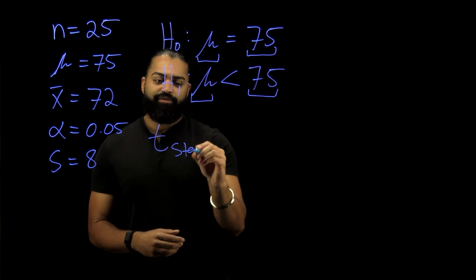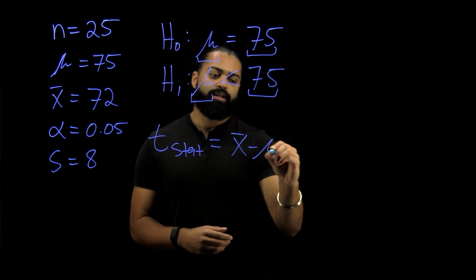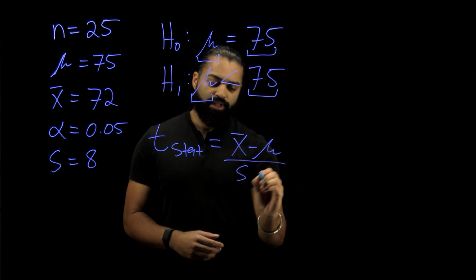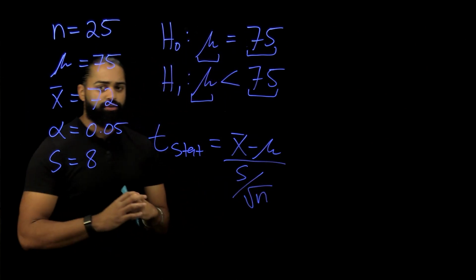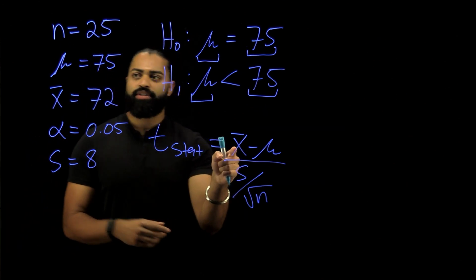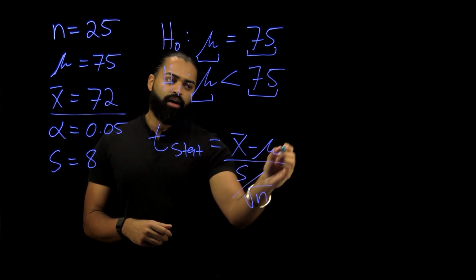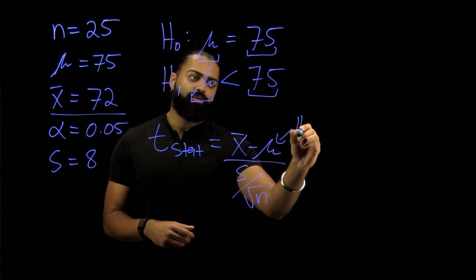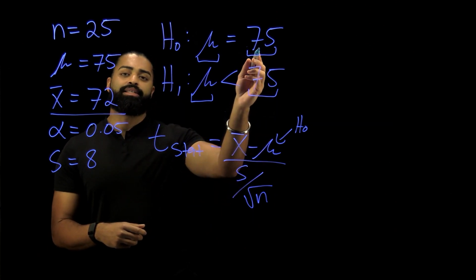So our t-stat formula is going to be x bar minus mu over the standard deviation divided by the square root of n. So you have this formula in your notes. X bar, you notice, is given to us right here. Our mu here comes from the null hypothesis. So if you look at the mu, we know it is going to be 75.